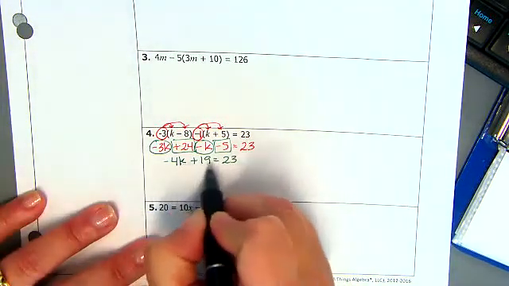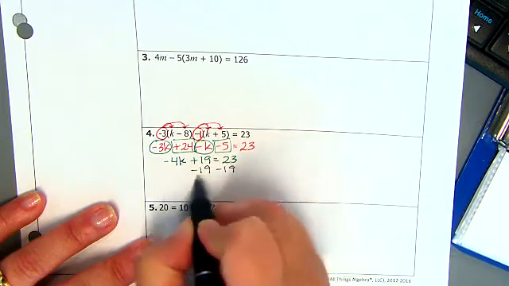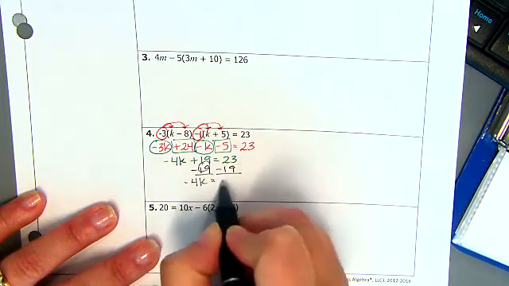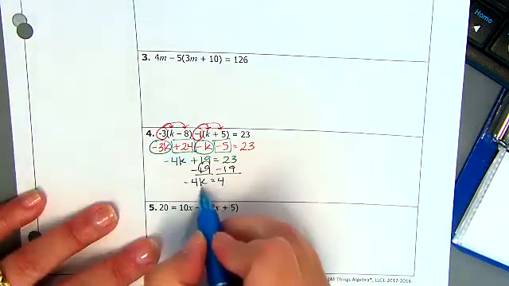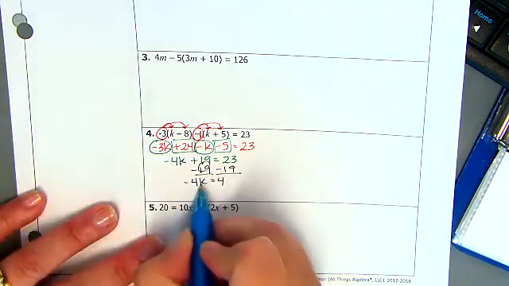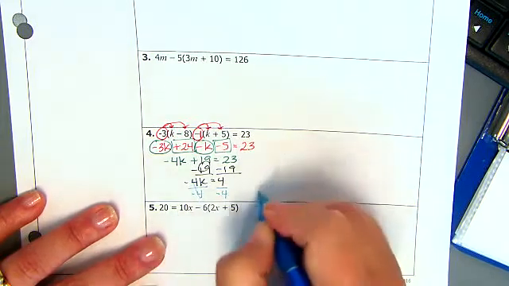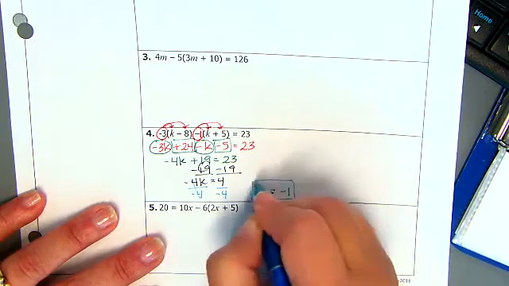We've got to solve for k, so I'm going to subtract 19 from both sides. Negative 4k equals 4. To get k by itself, it's multiplying by negative 4, so I divide by negative 4 to both sides. K equals negative 1.